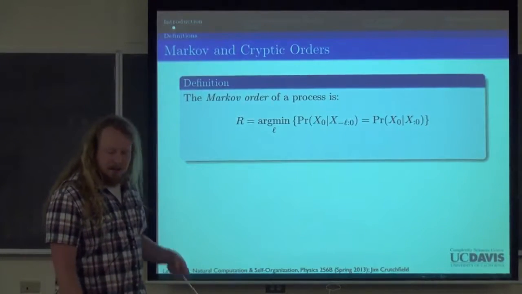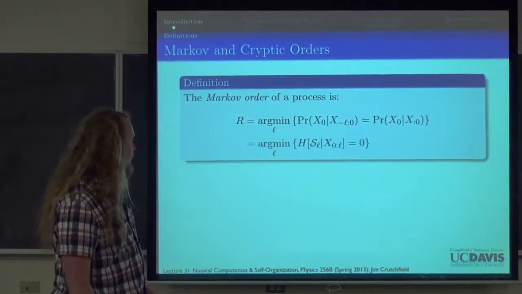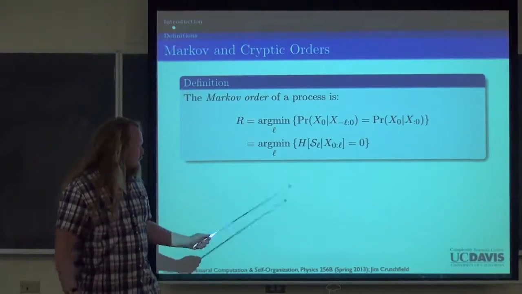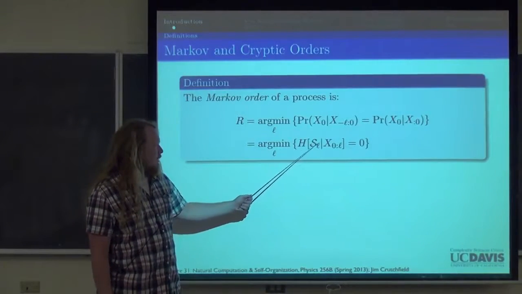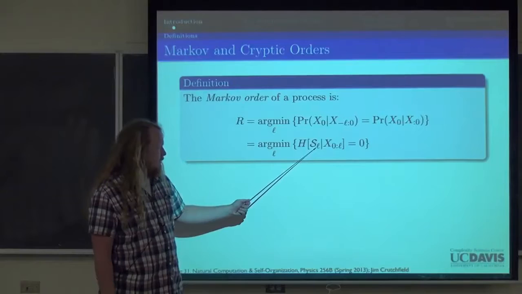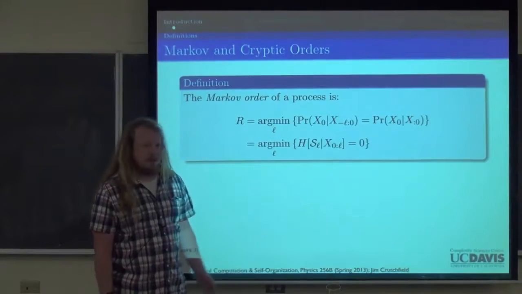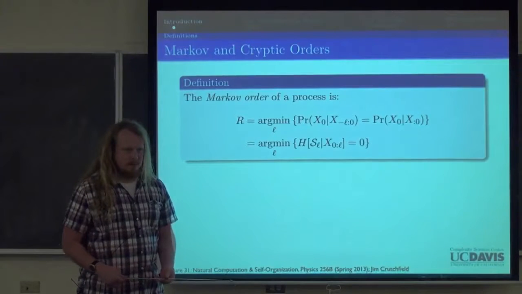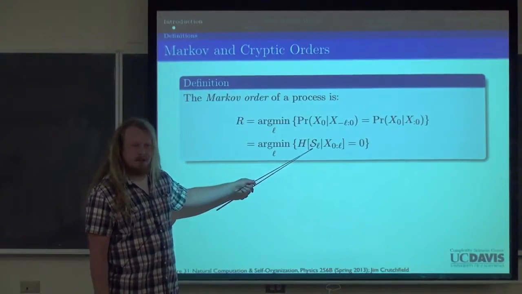And we can rewrite that using the causal states because they are the minimal sufficient statistic. And we can write it this way, that it's the smallest L such that the entropy over the Lth state, conditioned on the previous L symbols is equal to 0. So given that you've seen L symbols, you know exactly what state you're in.